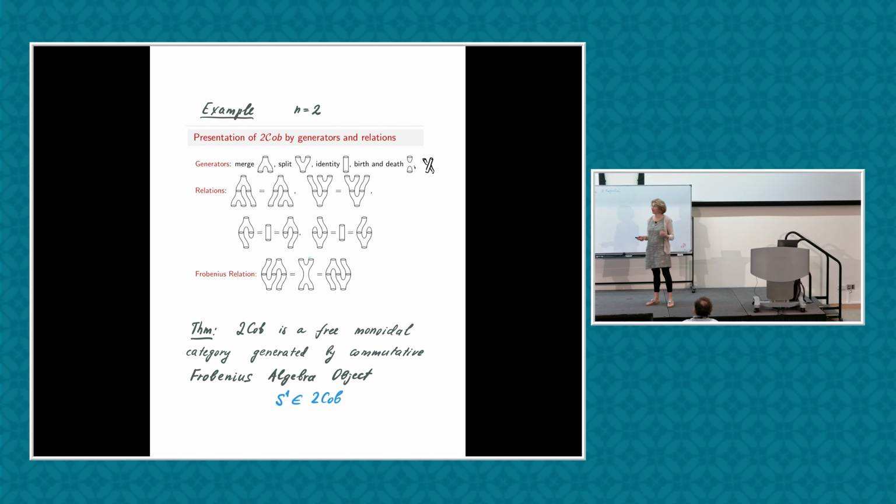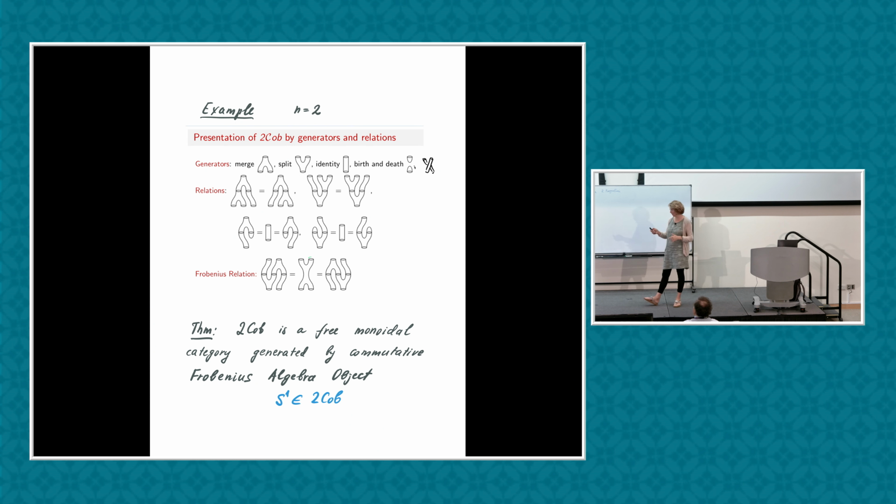This is a statement about 2-cob. You have just one object, this object has some prescribed morphisms, these morphisms have some relations between them, and this defines the whole category.